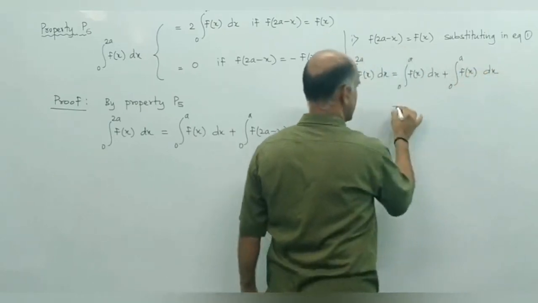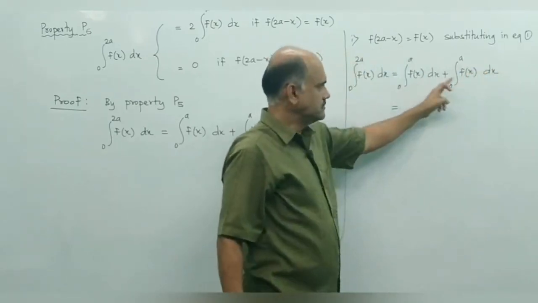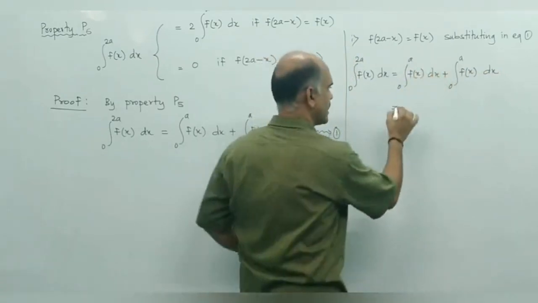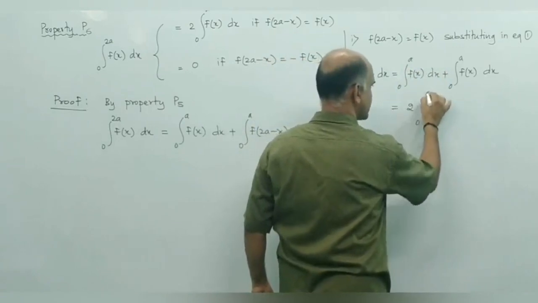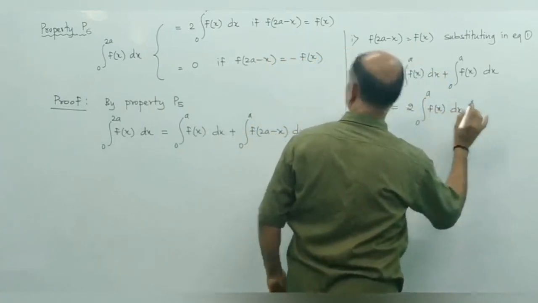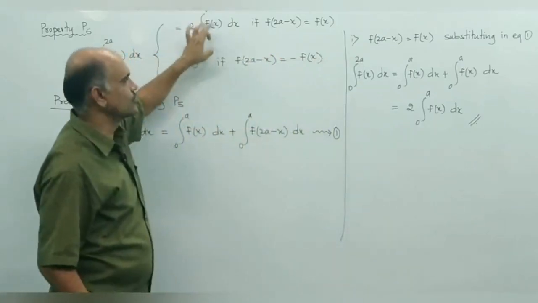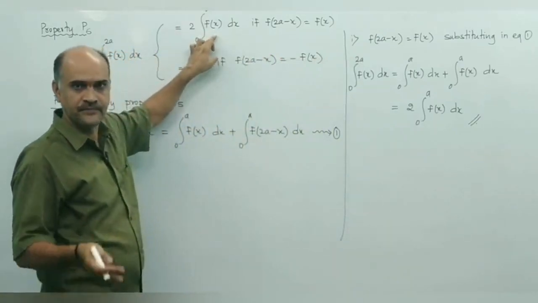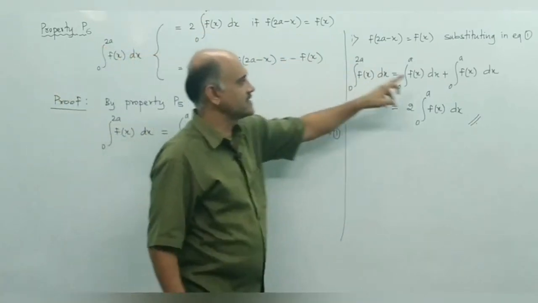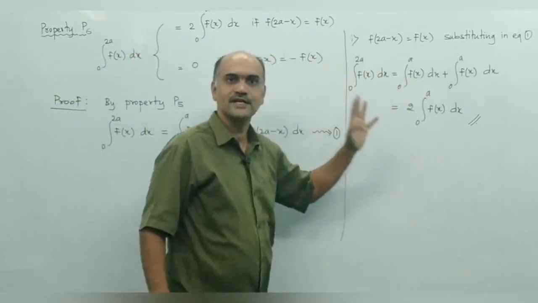Now if you observe, both are same, limits are same, so you can add. So this will be 2 times 0 to a f of x dx. So this is the first one. Now you might have understood the second step. If it is minus, this becomes minus, so the answer you will get is 0.